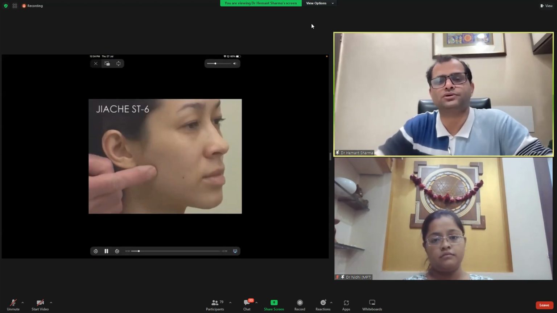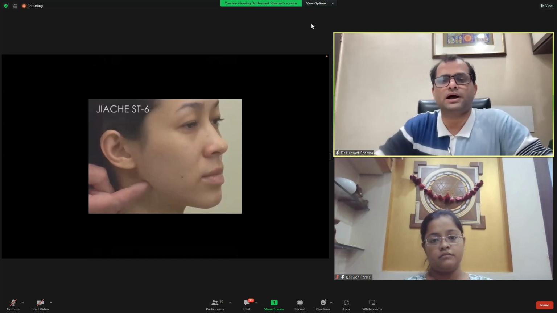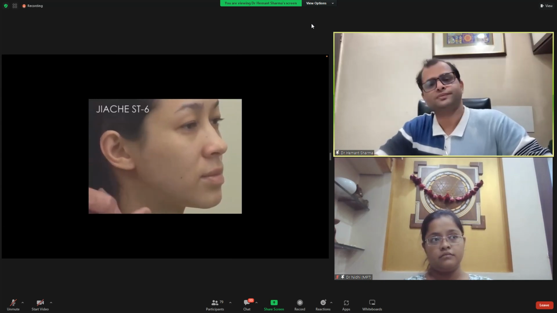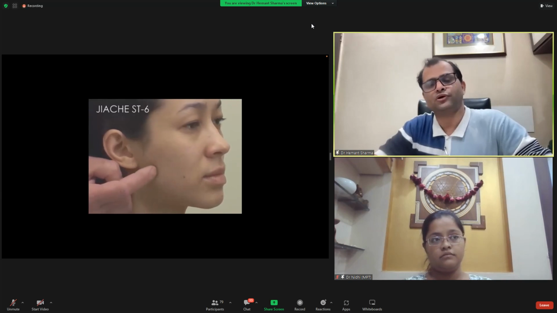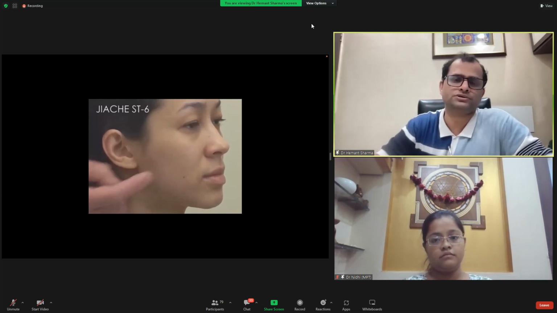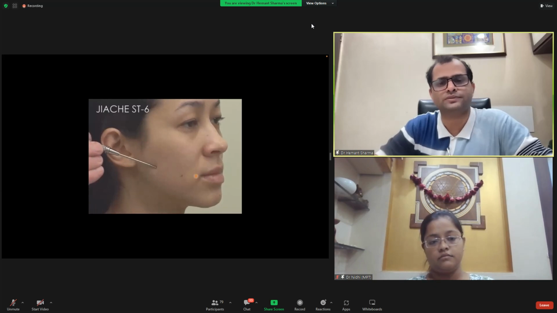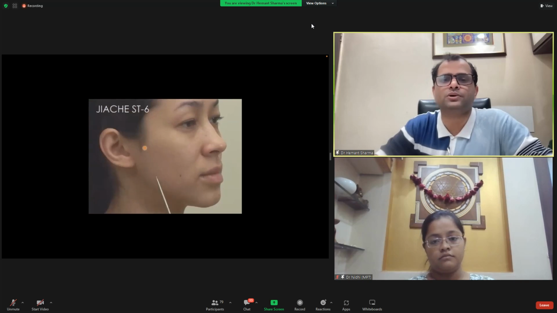This point is located over the masseter muscle, and we are also stimulating this point for beautification, because in many persons who chew tobacco, this jaw muscle is coming out. जो लोग तंबाकू का सेवन करते हैं उनकी ये मसल बल्ज हो जाती है, तो हम इस मसल का मिड पॉइंट ढूंढकर इसमें पॉइंट लगाते हैं.